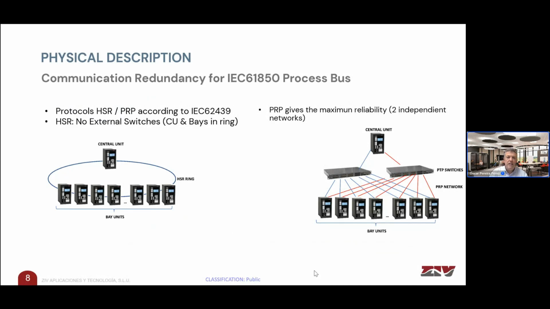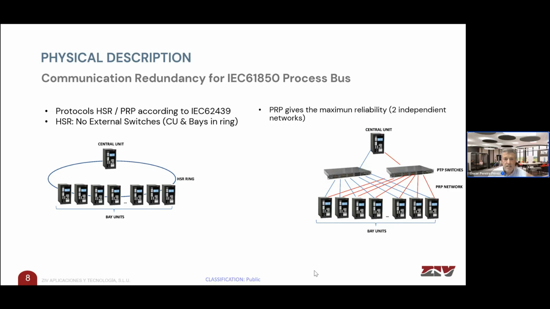Because a busbar differential protection requires a response or execution time of around 2 milliseconds. So any other physical or redundancy solution that is not able to secure a recovery time of around 2 milliseconds couldn't be acceptable. That's the reason why only HSR or PRP are valid for this busbar differential protection.